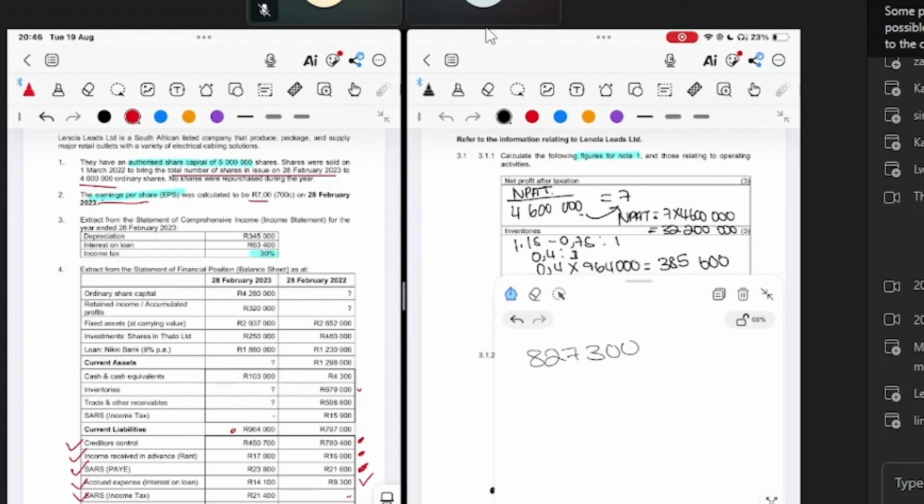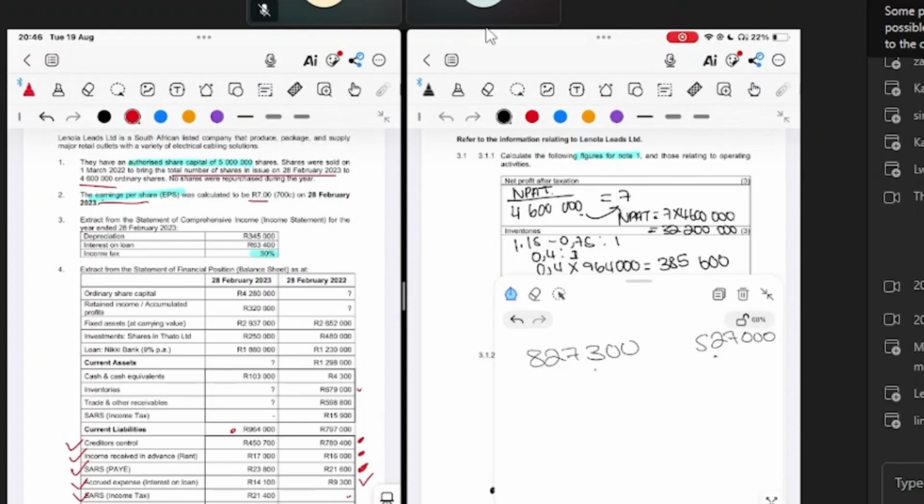Then on the other side, which is 2023, we have 450,700 plus 17,000 plus 23,800 plus 14,100 plus 21,400. And that gives us a total of 527,000.